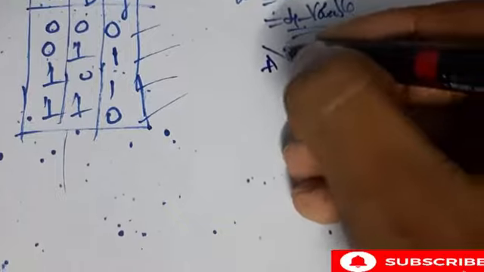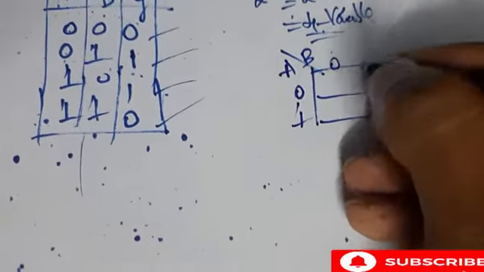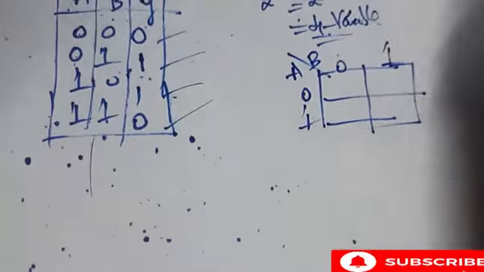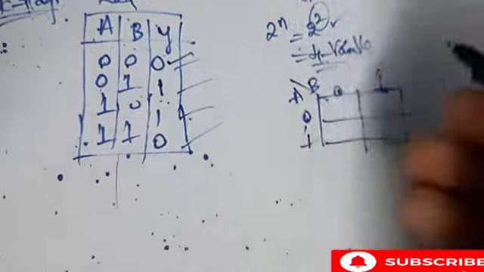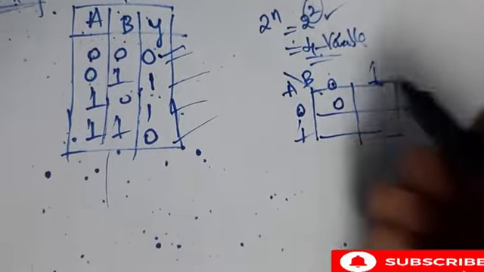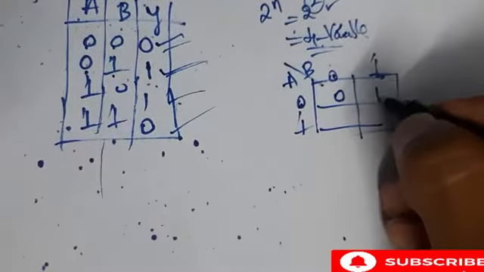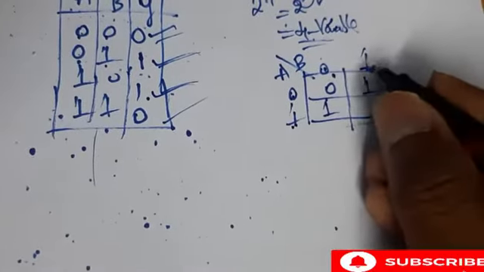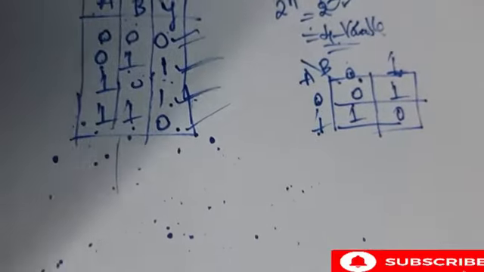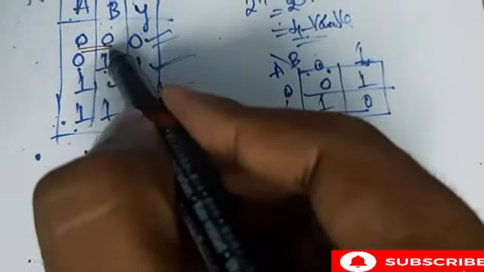This will be A, this will be B, with values 0 1 and 0 1. Here you can observe 0 0 means 0, 0 1 means 1, 1 0 means 1, 1 1 means 0. In this way we can plot the K map. For the 0 0 combination you get the output 0, represented here.